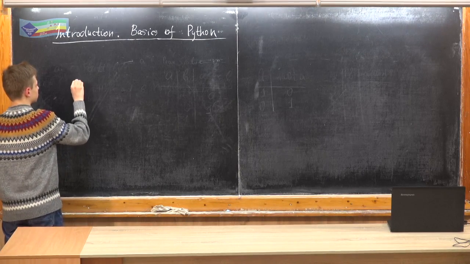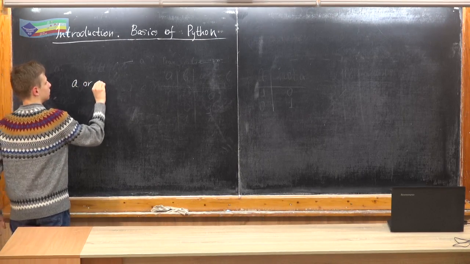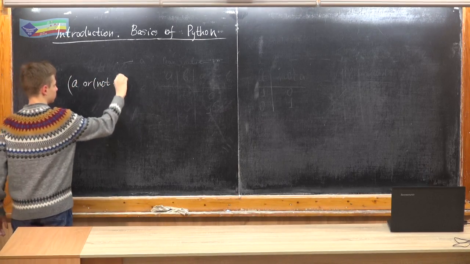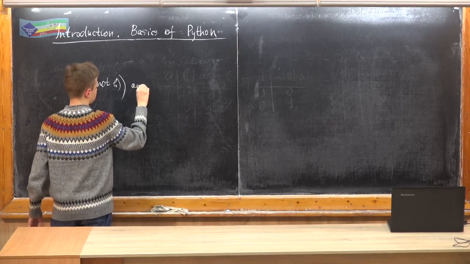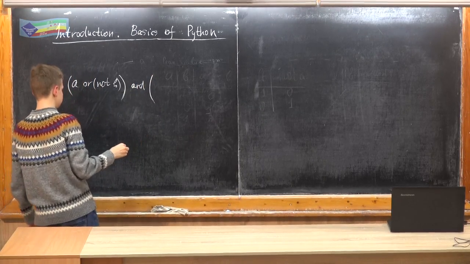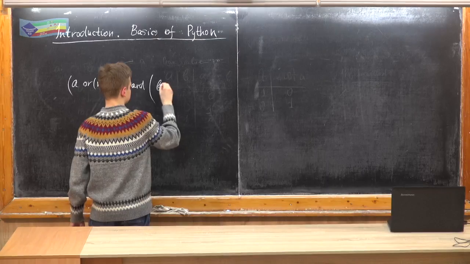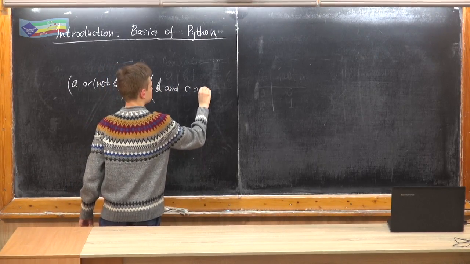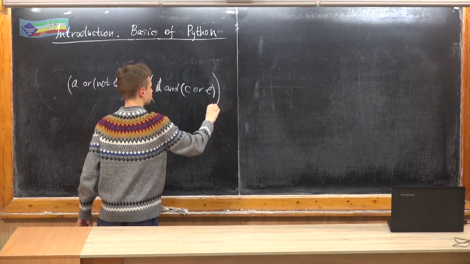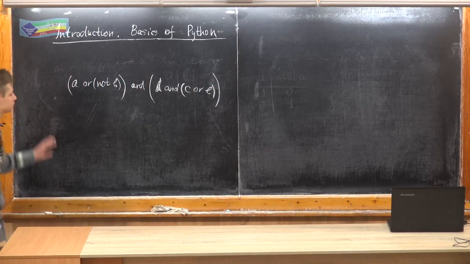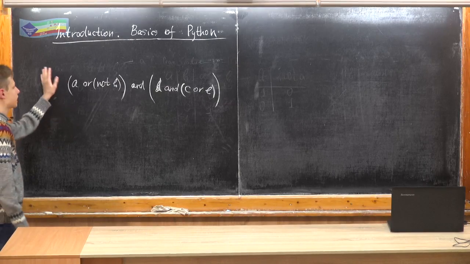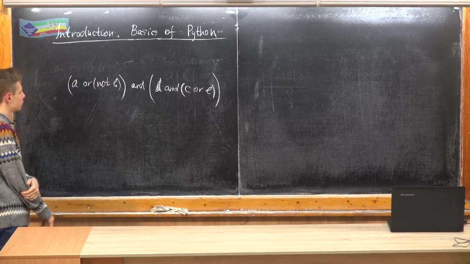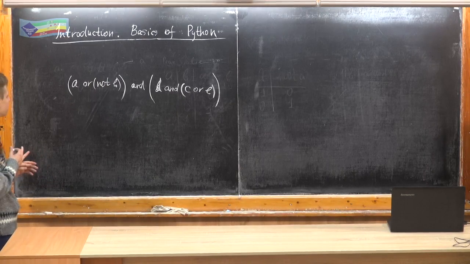For example, we can write like that: or not B and B, D and C or E. So we can stack them together in order to get something what we want.